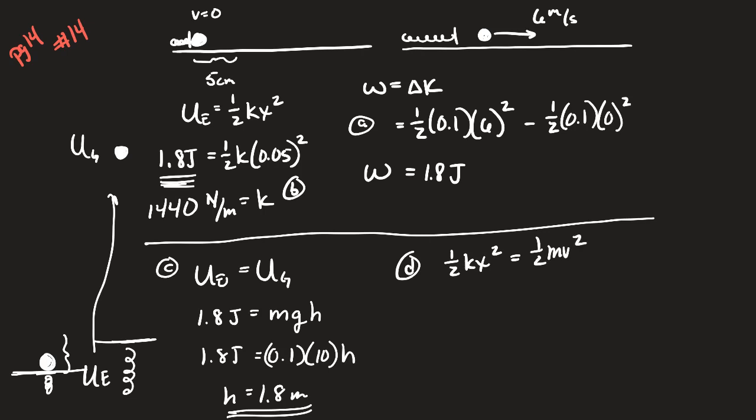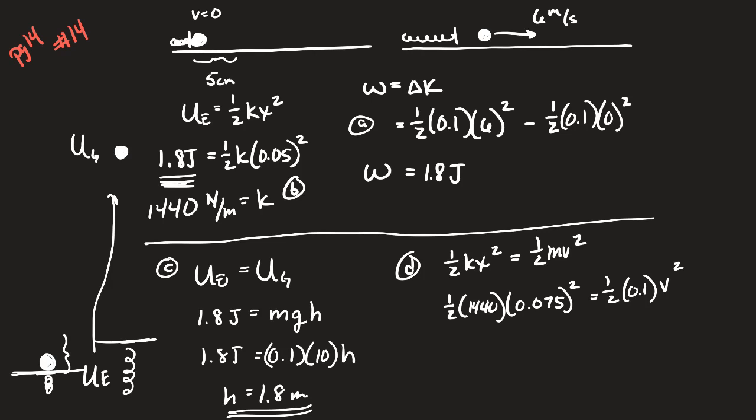The spring energy will be set equal to the kinetic energy. That'll be 1/2 times 1440 times 0.075 squared equals 1/2 times 0.1 times v squared. There's no easy way around this. You're going to have to do all of this to get the answer.